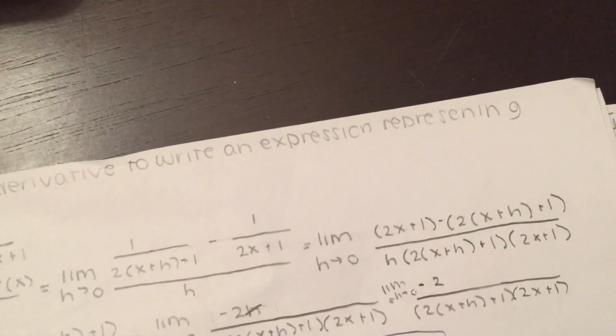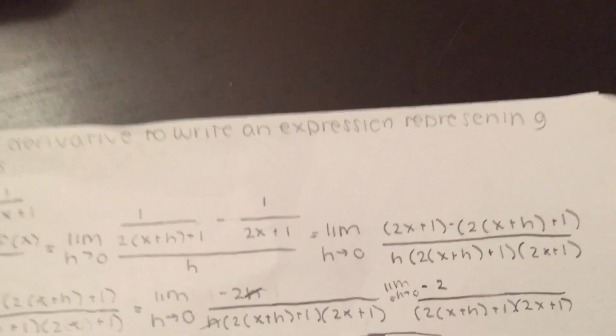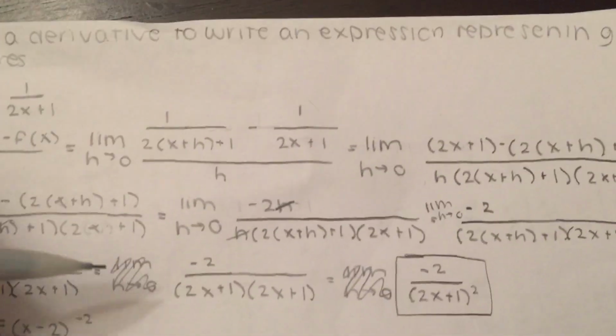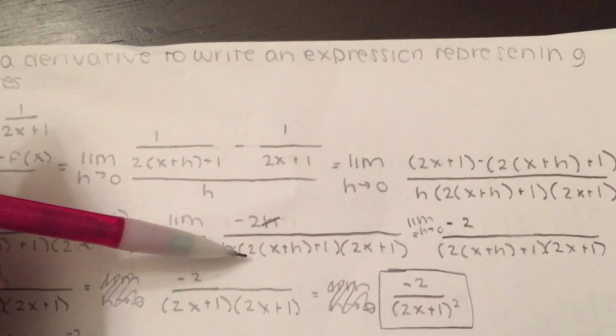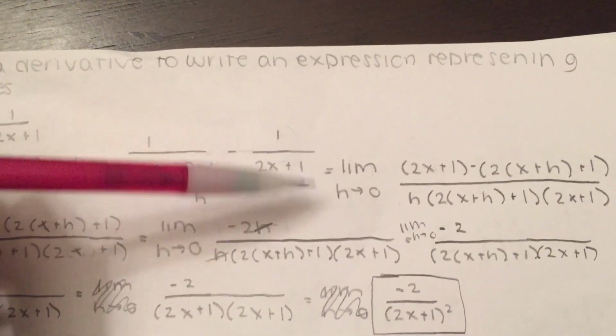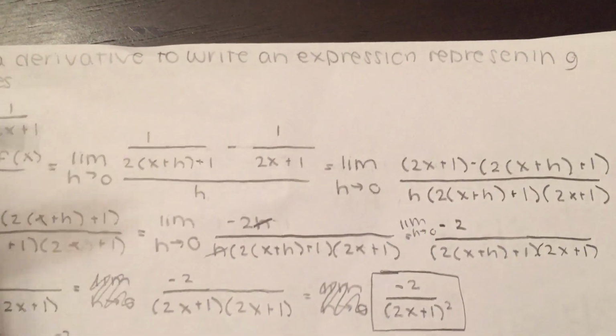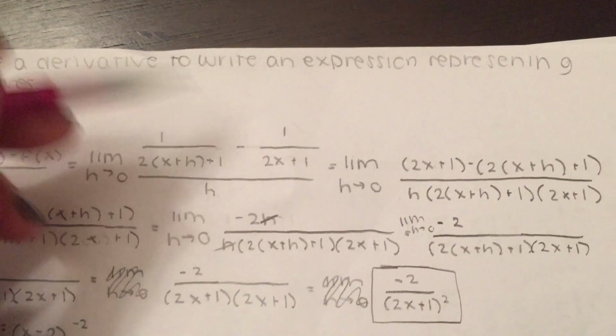So the x plus h's both cancel out, and it becomes negative 2h over h times 2(x plus h) plus 1 times 2x plus 1. And these two h's cancel out.